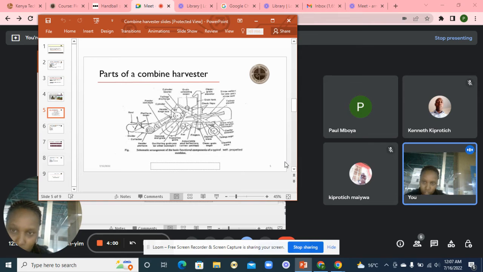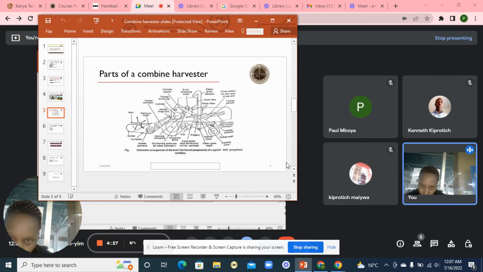So we have the parts of a combine harvester. We have the reel or the cutter, and then we have the feeder conveyor, and then we have the drum, and then we have the straw walkers where it will discharge the stalks or the cobs.